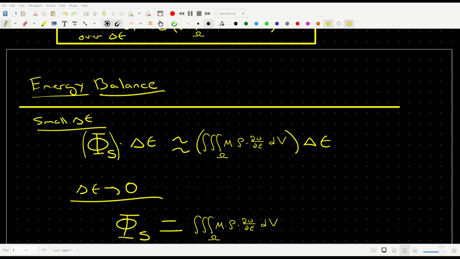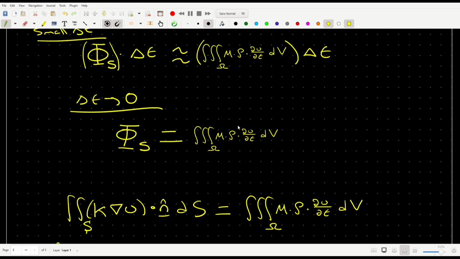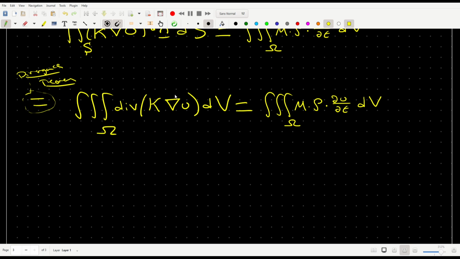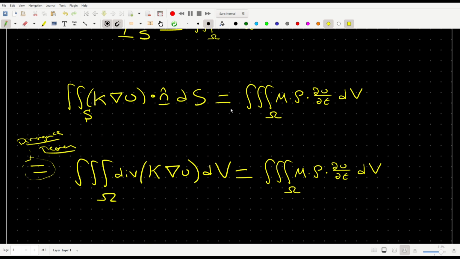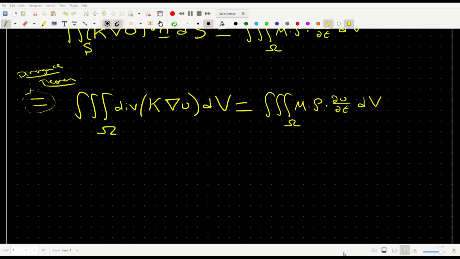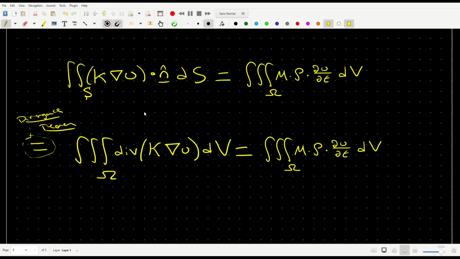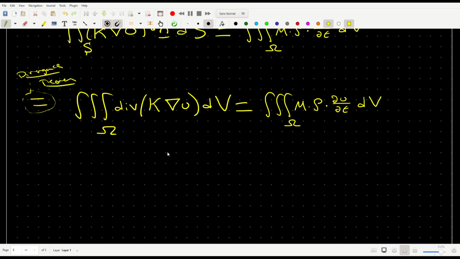And this is a really neat idea, right? It's that essentially we're connecting mathematics with physics directly when we're doing this process right here. And we've just used the divergence theorem to set up two separate volumetric integrals that have to be equal to one another at any point in time.